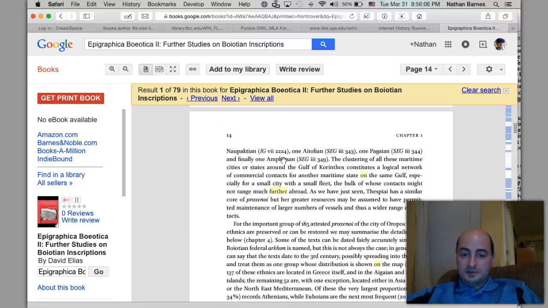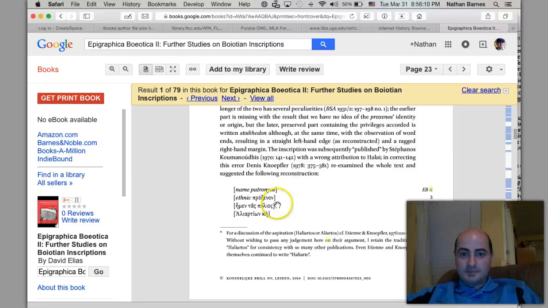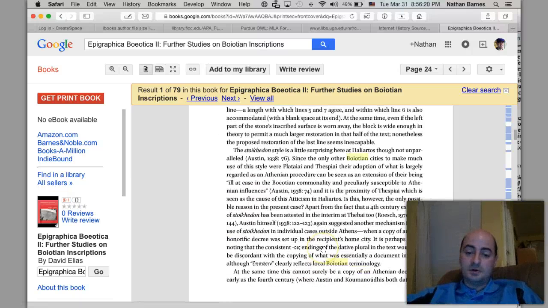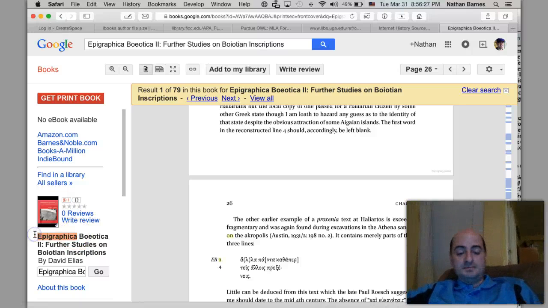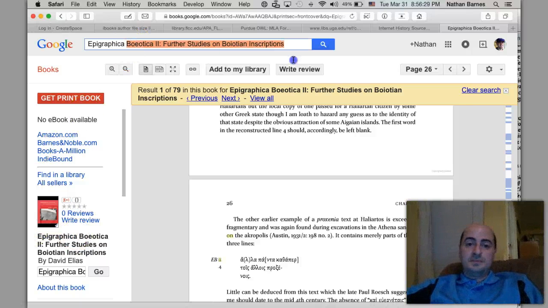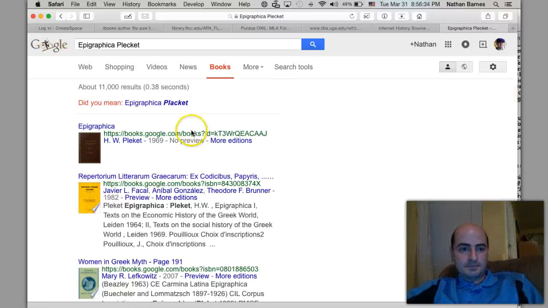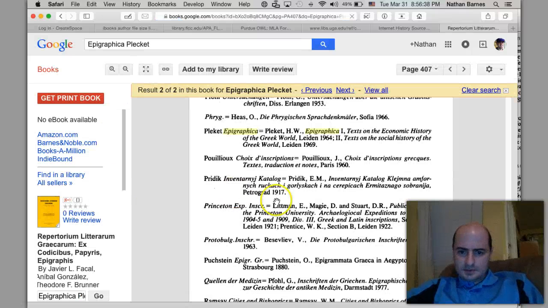Scrolling down again to the text here. Okay, you have the text. This is his bibliographic information and the text right near each other, and then his very long explanations. And the Epigraphica that I used was from Pleket, and it was a lot different. Let me just show you it. I don't know if I can.